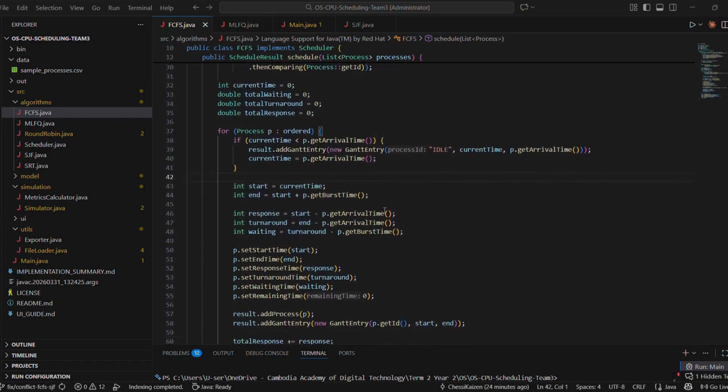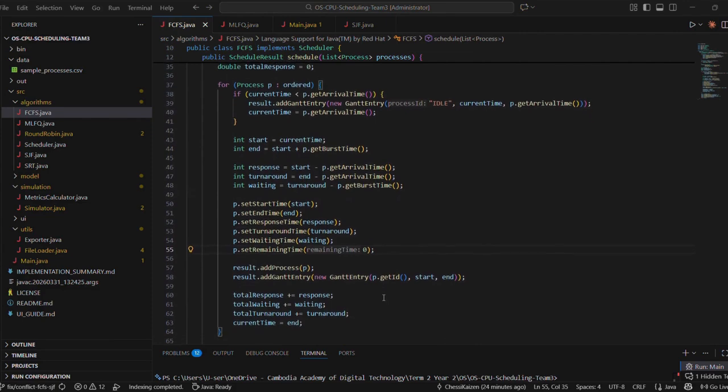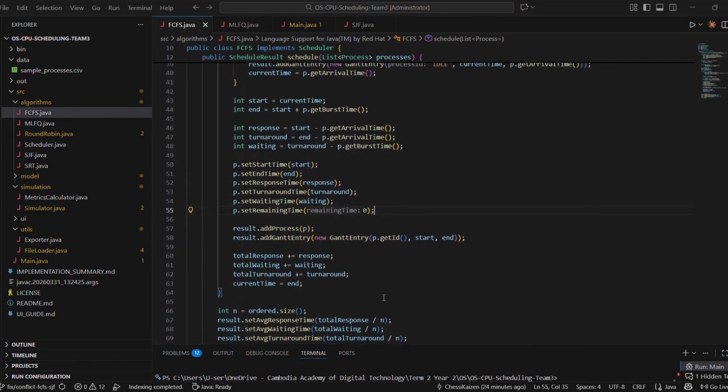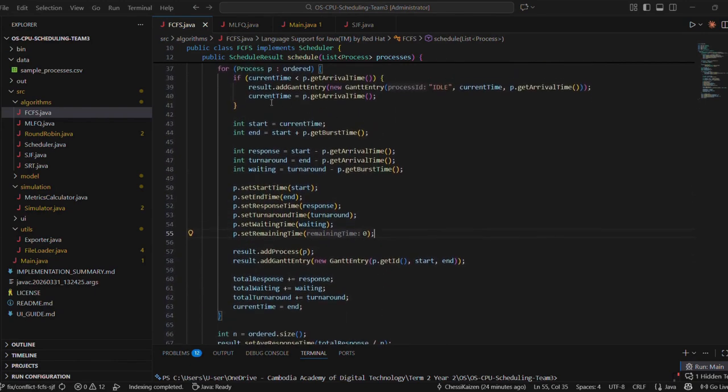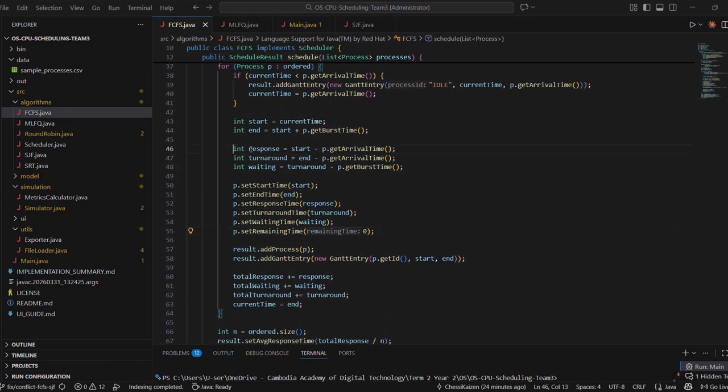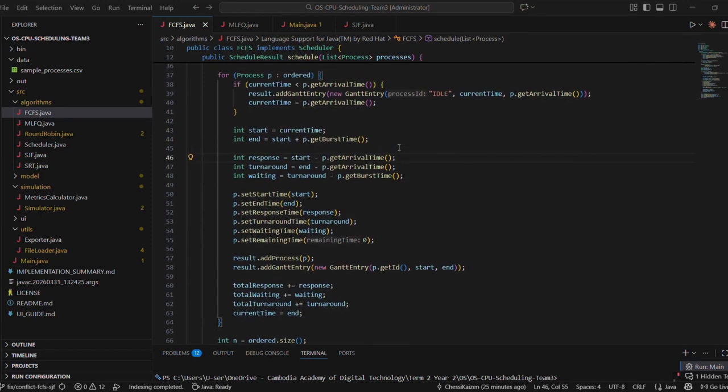And then here's the algorithm for calculating the response time, waiting time, turnaround time, and the average of each. Starting with the response time. Response time is the time that shows how fast each process responds.